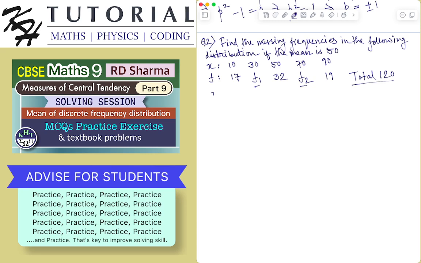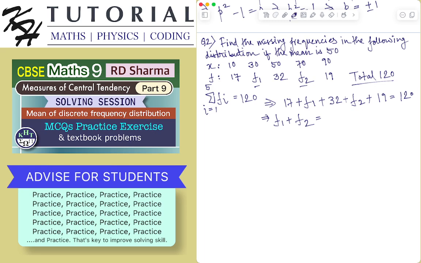So it is given that the summation of fi, where i is equal to 1 to 5, is 120. So this implies if I sum the frequencies, I have 17 plus f1 plus 32 plus f2 plus 19 is equal to 120. From here I can find out what f1 plus f2 is.